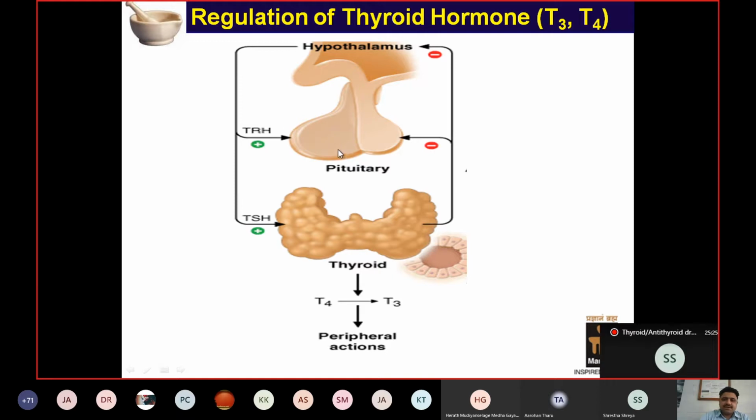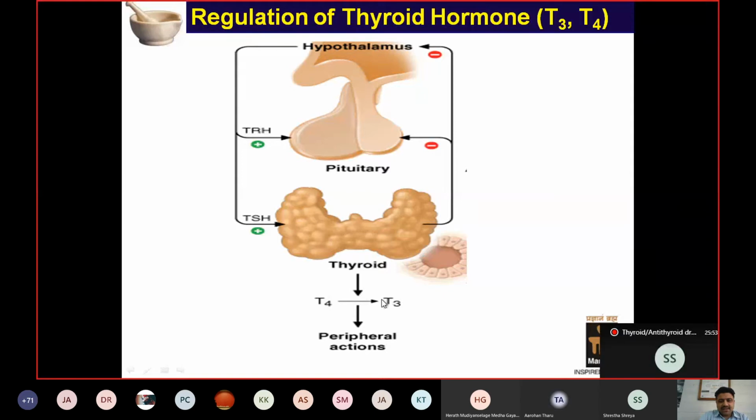The pituitary will then release TSH, thyroid stimulating hormone, and it will ultimately stimulate the thyroid gland, which is present in the neck. So here the thyroid gland will be stimulated. This is a functional unit of a thyroid gland. When it is stimulated, it releases the thyroid hormones, that is T3 and T4.